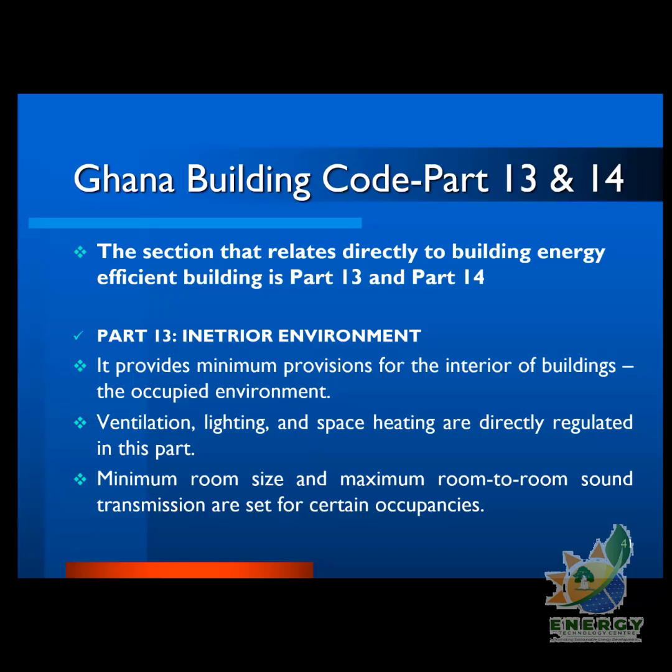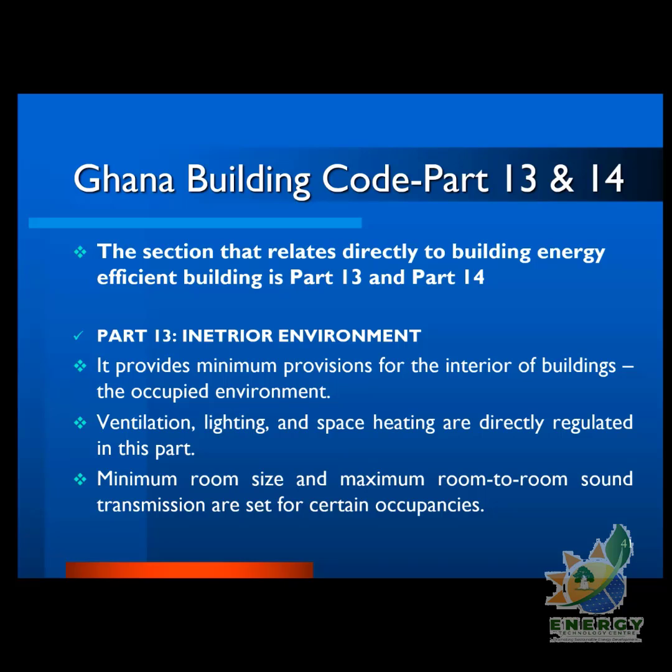Now, in the Ghana building code, I went through, and Part 13 and 14 normally talk about energy efficiency. Those two sections relate directly to building energy efficient buildings in Ghana. Now, Part 13 normally looks at the interior environment. It provides minimum provisions for the interior of the building in terms of occupied environment; ventilation, lighting, and space heating are directly regulated in this part.